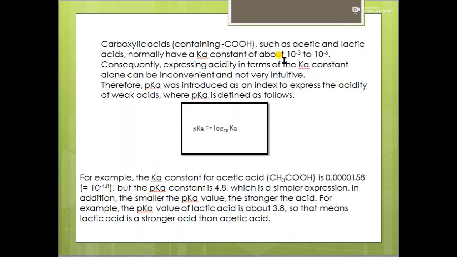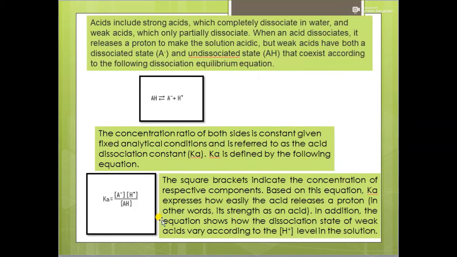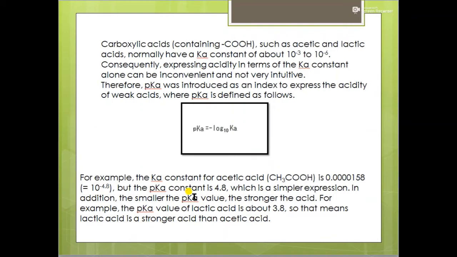Just like we express hydrogen ion concentration as pH, the dissociation constant of each weak acid is expressed as the negative logarithm of the Ka value, as pKa, to express the acidity level of weak acids.